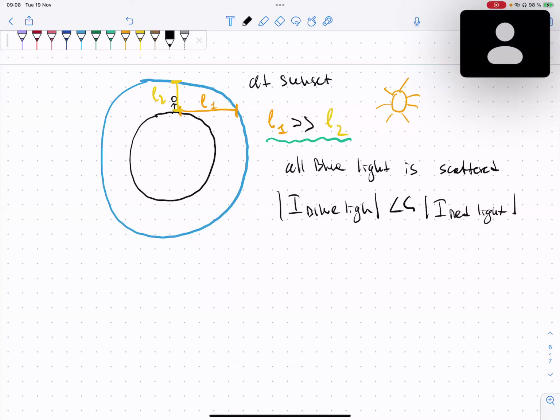So we don't see any blue light at the sunset, because the distance that the light propagates at the sunset is much larger than the distance during the day. All the blue light is scattered because its scattering cross section is much larger than for the red light, and we see first an orange and then a red sunset, something like this.